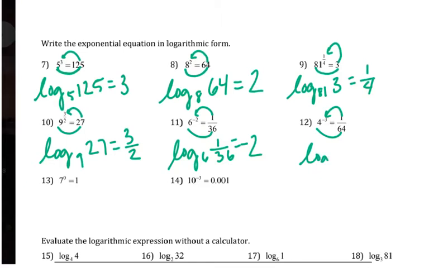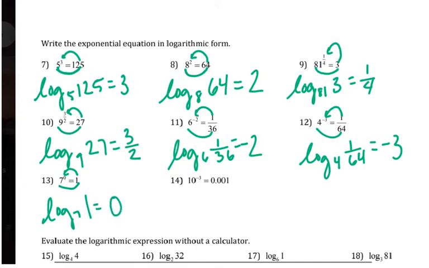Again, log 4, 1 over 64 is negative 3. Log 7 of 1 is 0. Again, log 10 is negative 3. Okay, not too bad.